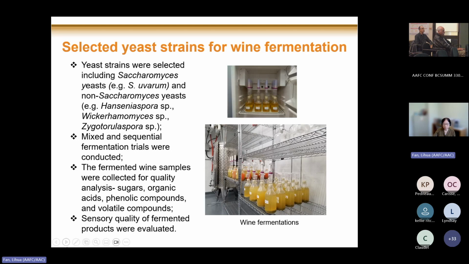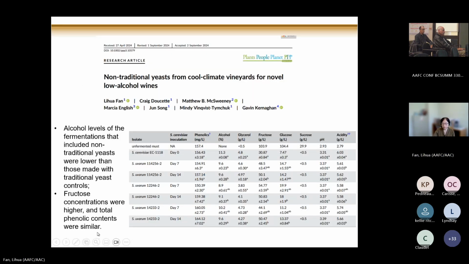Sensory quality of fermented wine products was also evaluated by our trained panelists. Our fermentation research has been published in Plants, People, Planet. In the following slides, I will give some examples of our quality evaluation and sensory evaluations.